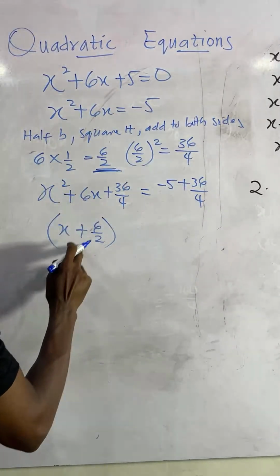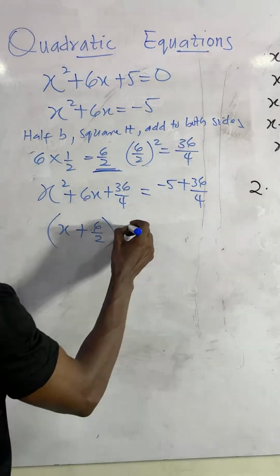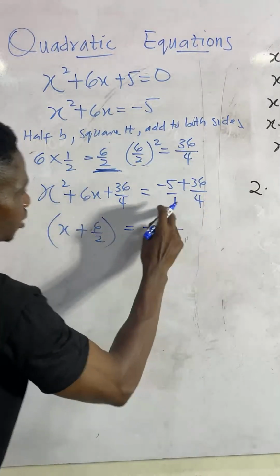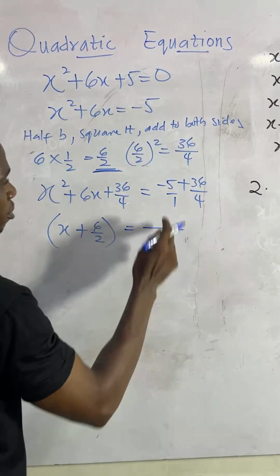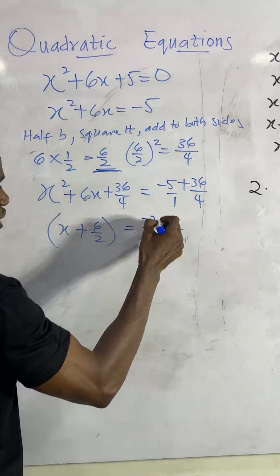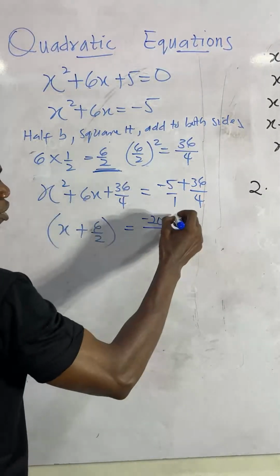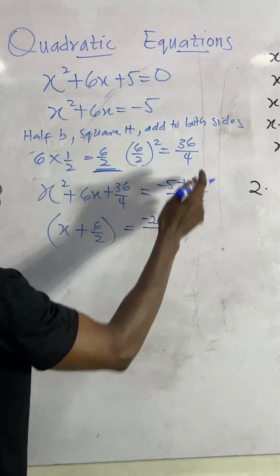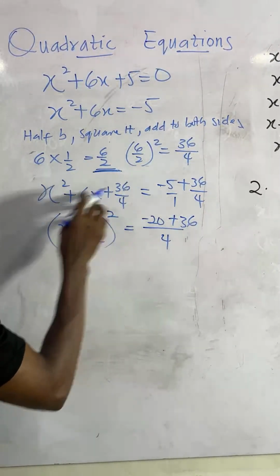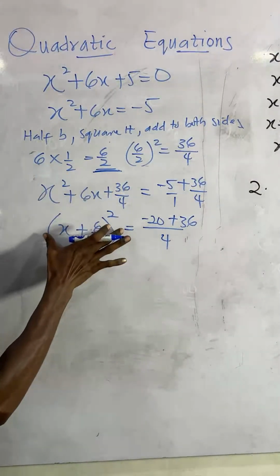So x plus 6/2, right, equal to, here let's look for the LCM. The LCM of 1 and 4 is 4. 4 times 5 is 20, but -20, plus 4 and 4 is 1 times 36 is 36. Sorry, it's a square here. So this will give you this square.